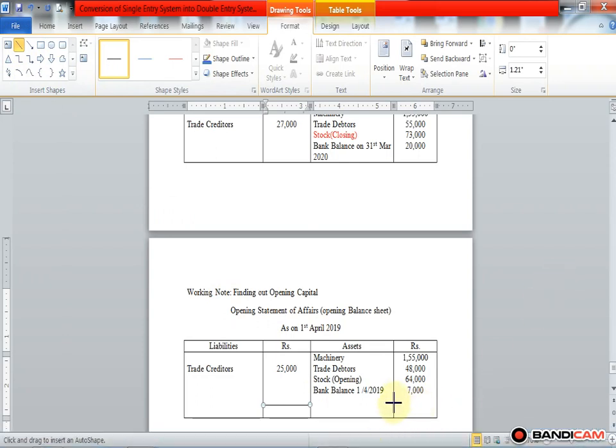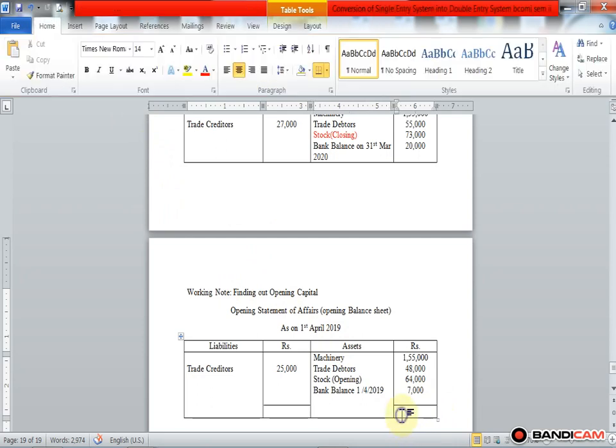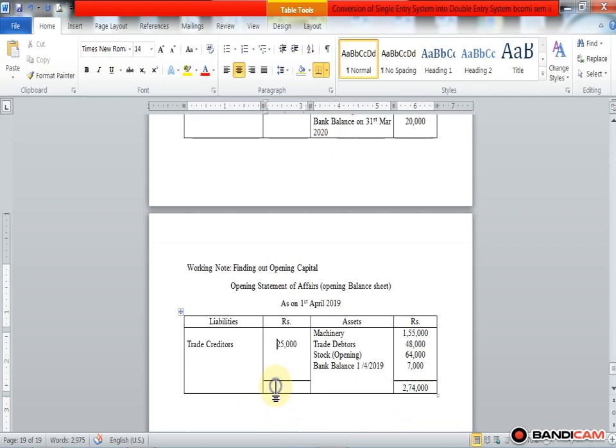Total of assets is 2,74,000. Put this total on the liability side, 2,74,000, and the difference is 2,49,000.